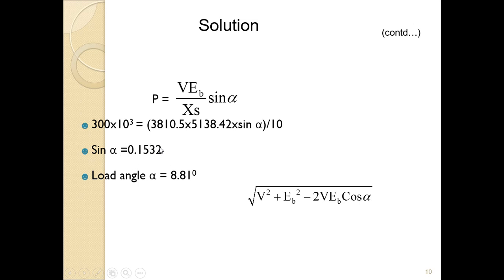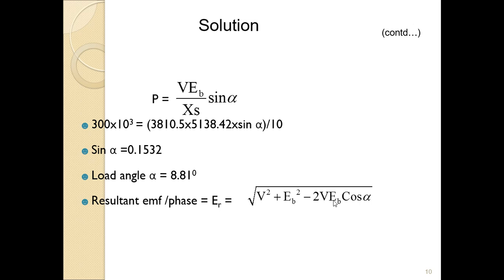If you take the sine inverse of this, we get the load angle, that is 8.81 degrees. So the resultant EMF per phase ER is equal to the formula: square root of V square plus EB square minus 2 V EB cos alpha.